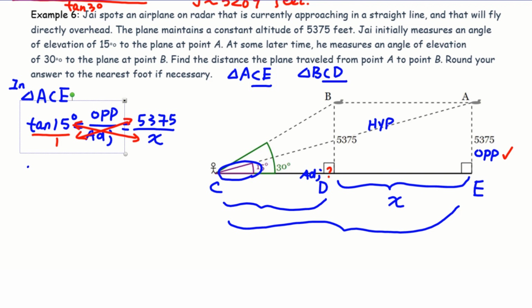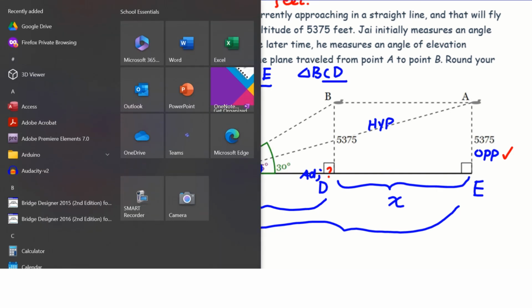So we have x times tan 15 equals 5375. Then move the tan to the other side by dividing. Then we are going to have x equals 5375 divided by tan 15.